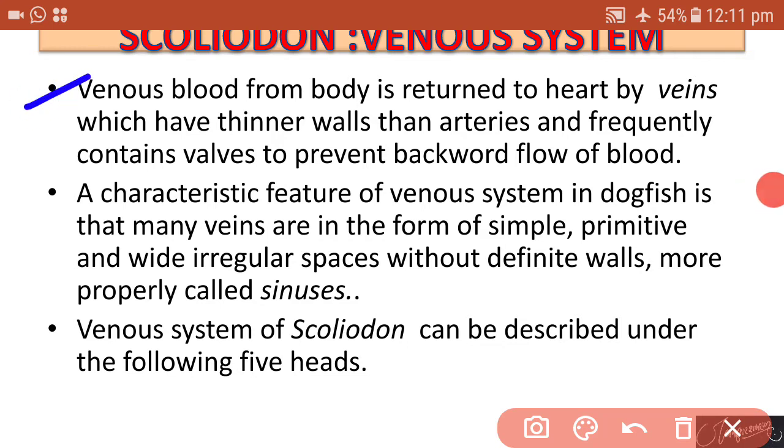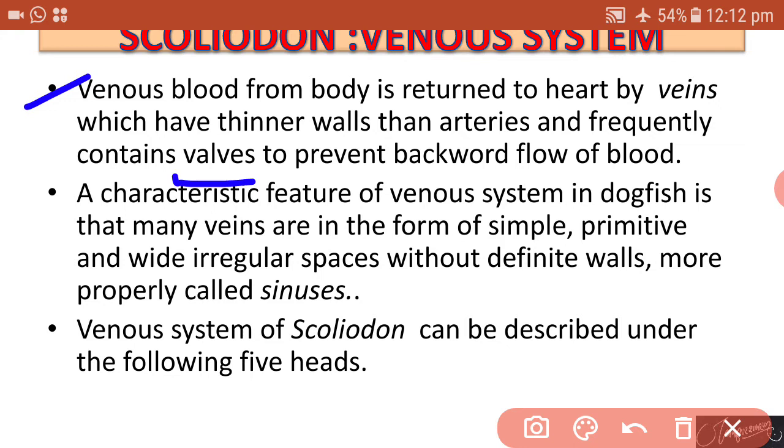That system is called the venous system. These veins have thinner walls as compared to the arteries and frequently contain valves to prevent the backward flow of the blood, due to which the blood goes towards the heart.